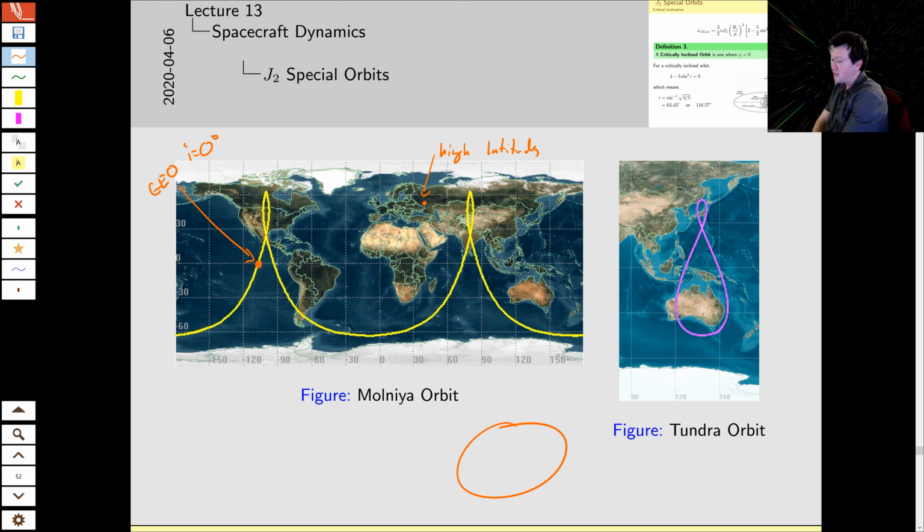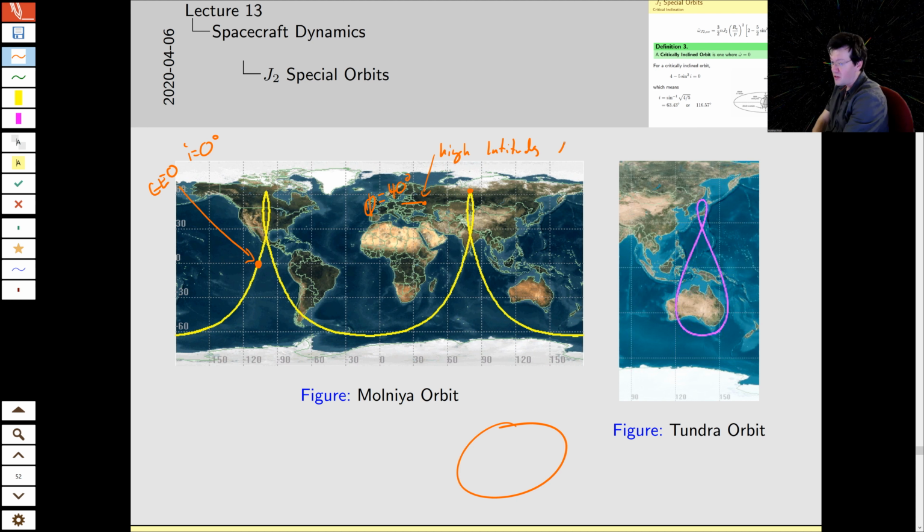And if your launch site has, say, phi equals 40 degrees, the minimum inclination you can launch directly into is 40 degrees. So say if you launched from this point right here, then the inclination of the orbit is limited to inclinations of 40 degrees or greater. The only way to change that is to have an expensive plane change maneuver.